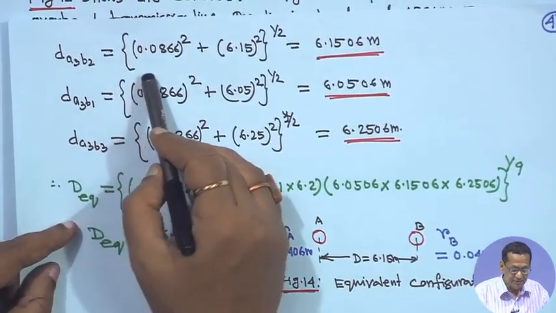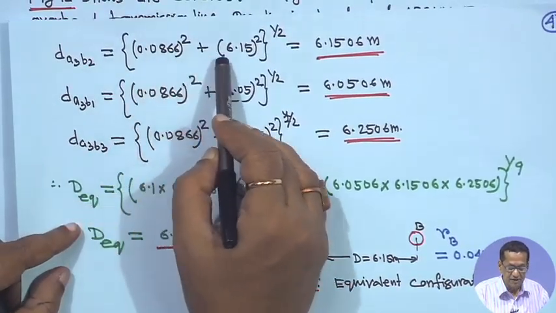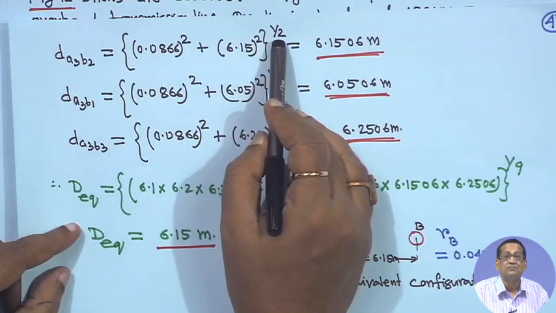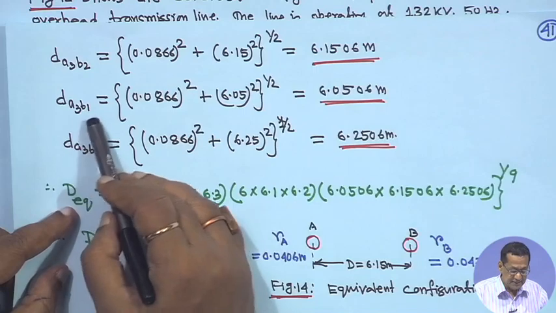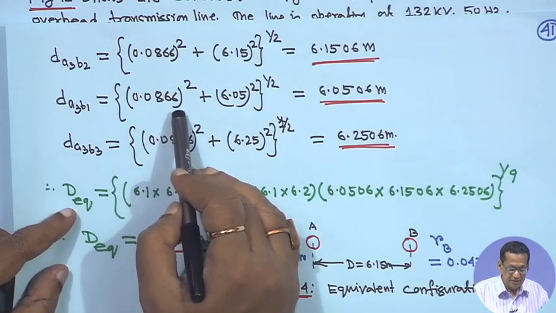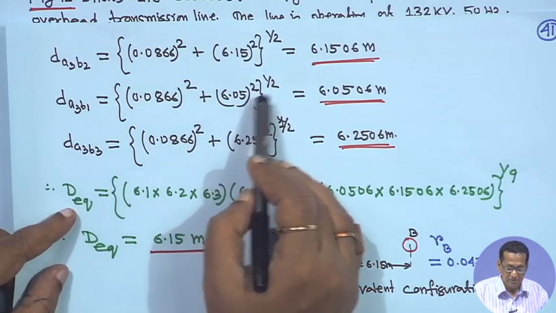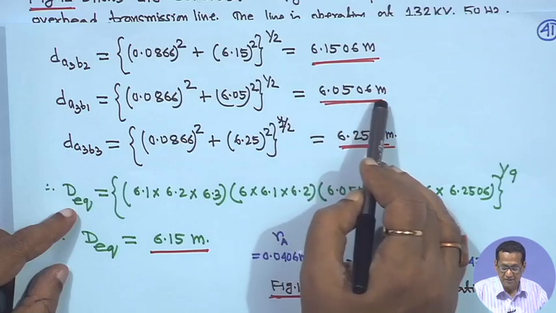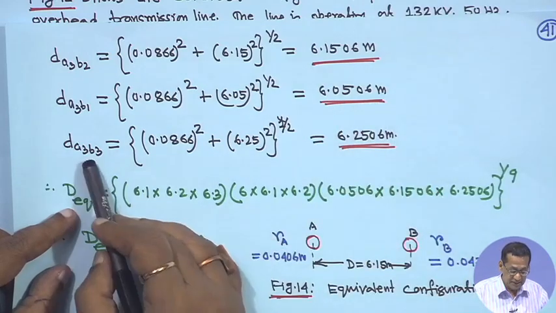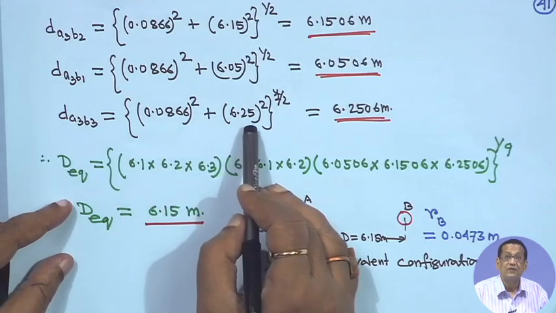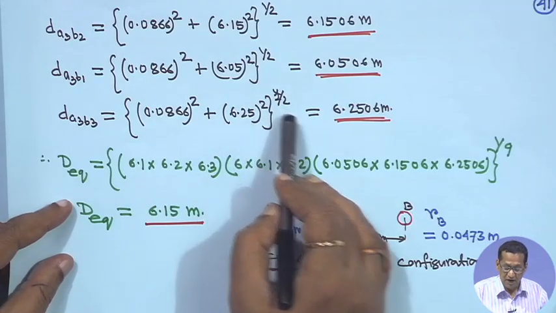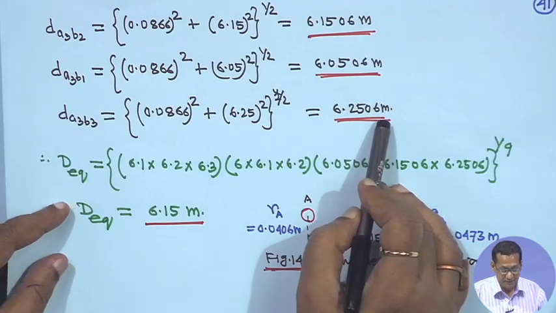So, DA3 B2 will be (0.0866 whole square plus 6.15 whole square) to the power half, it will be 6.1506 meter. Similarly, DA3 B1 is (0.0866 whole square plus 6.05 whole square) to the power half, 6.0506 meter. And similarly, DA3 B3 is equal to (0.0866 whole square plus 6.25 whole square) to the power half, 6.2506 meter.